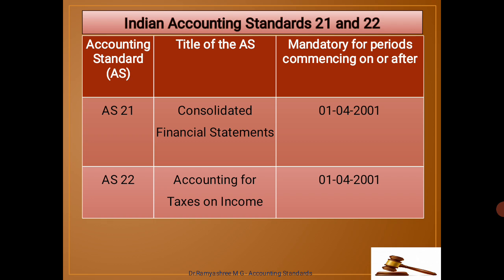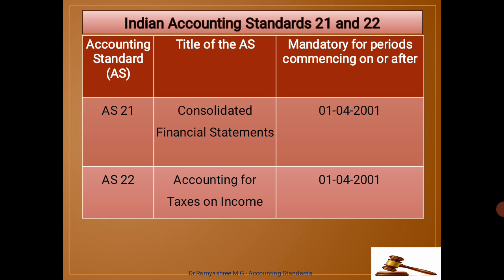Accounting Standard 21 deals with consolidated financial statements. This accounting standard comes into effect in respect of accounting periods commencing on or after April 1st, 2001.